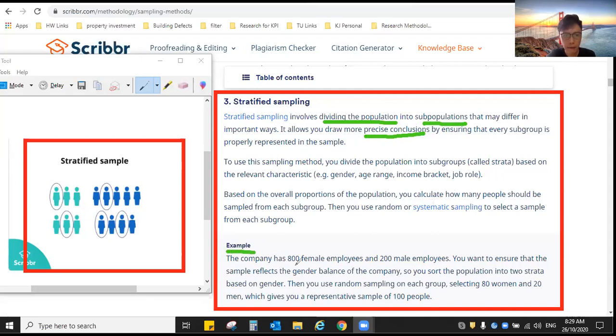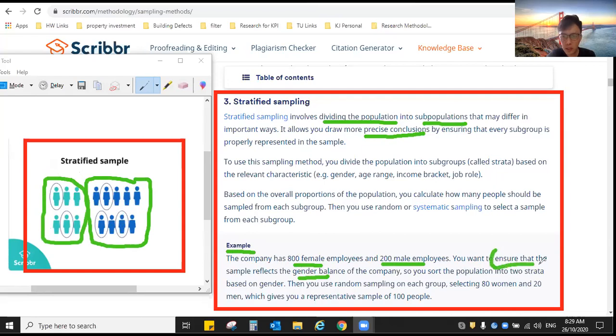Your company has 800 female and 200 male. So you want to ensure that the sample reflects the gender balance. These are the keywords: ensure the sample reflects the gender balance.